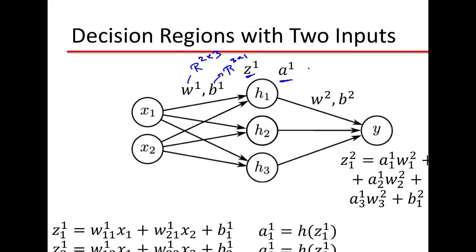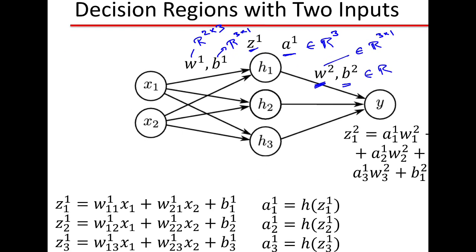Right? So what's the size of a1? The output of the hidden layer, 3. Right? There are 3 hidden units. What's the size of w2? 3 cross 1, and b2 is just a real number.